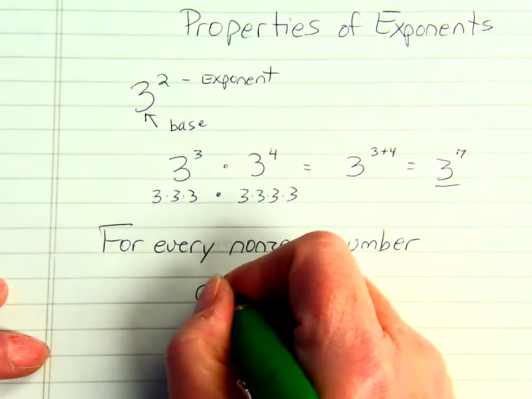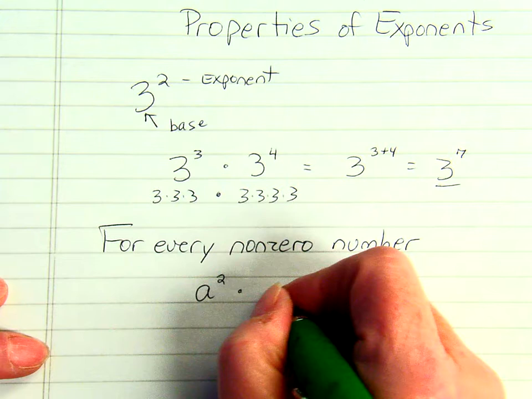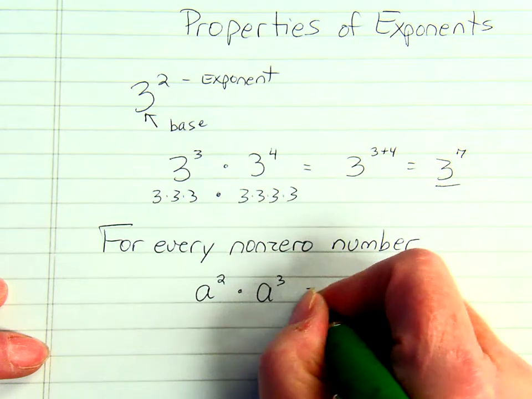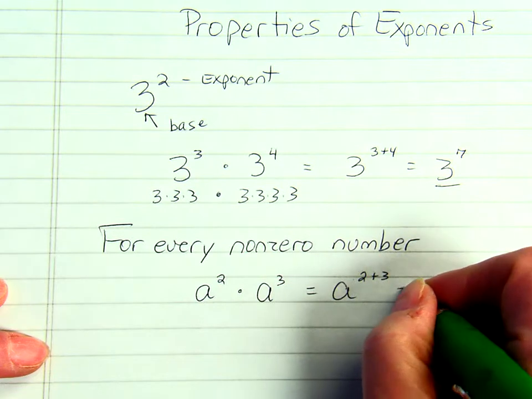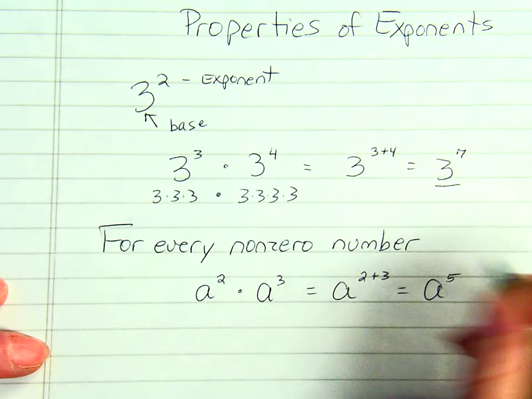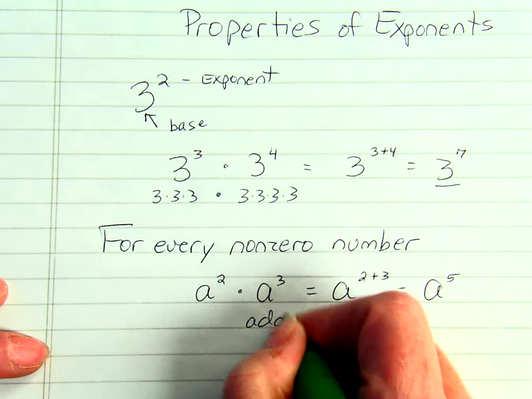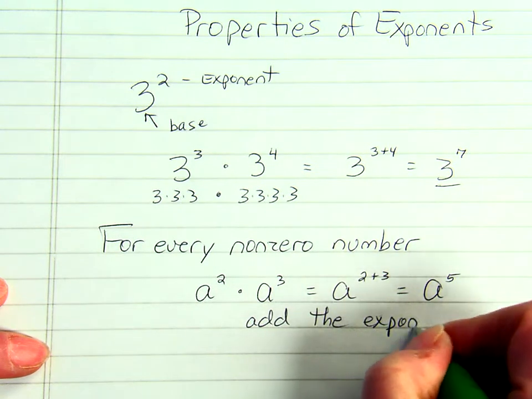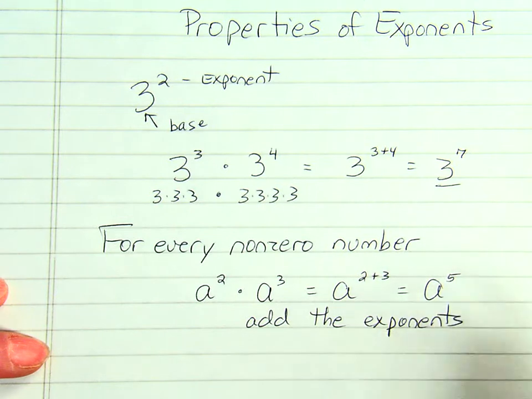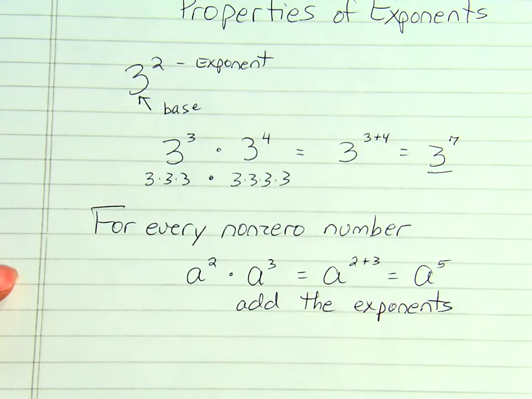So if we've got a squared times a cubed, that is going to equal a to the 2 plus 3 equals a to the 5th. We add the exponents. Okay? So, pretty much we've seen this before. This should just be a review for you. And if it's not, listen really carefully and watch it twice.